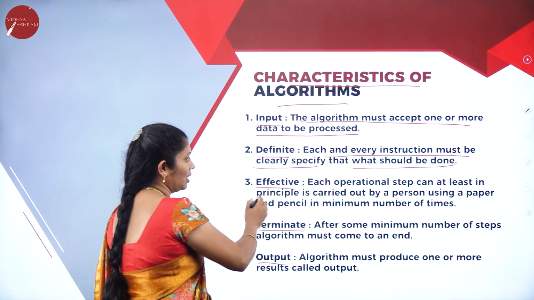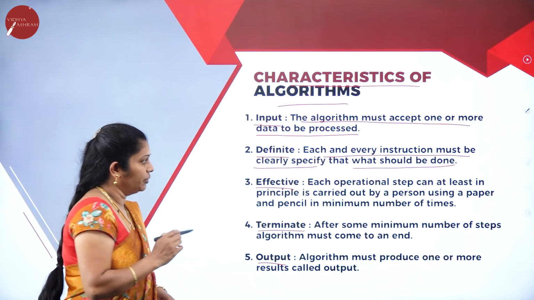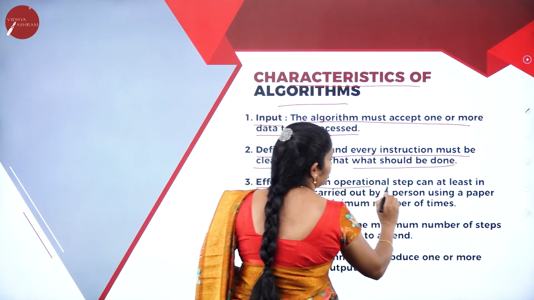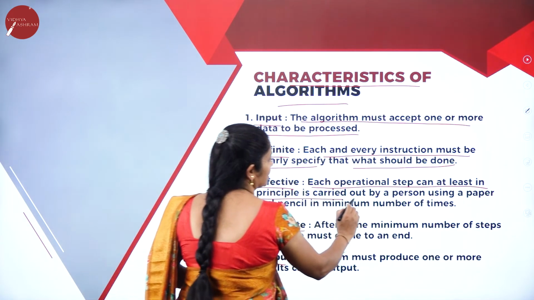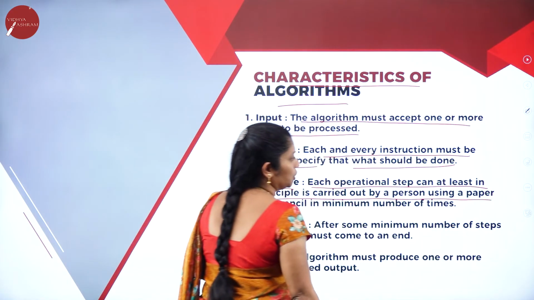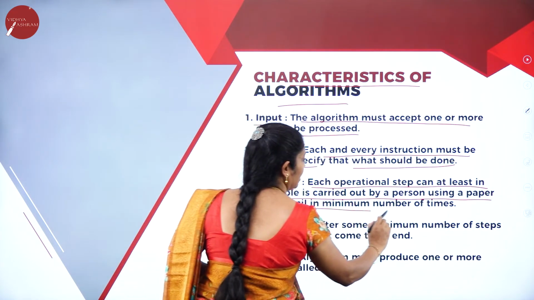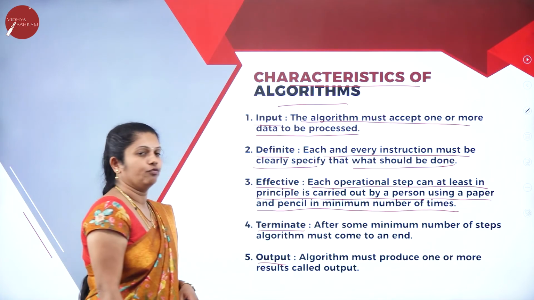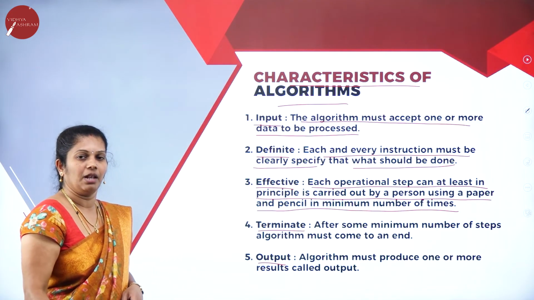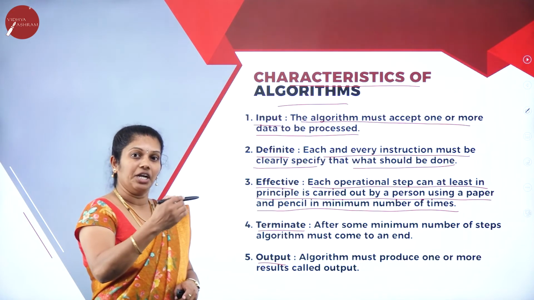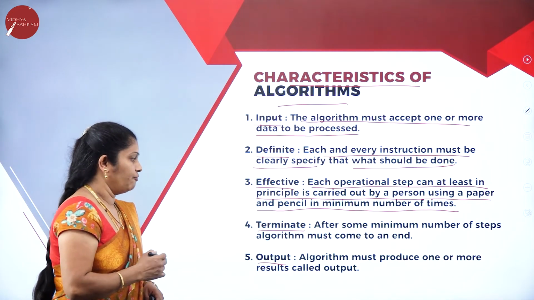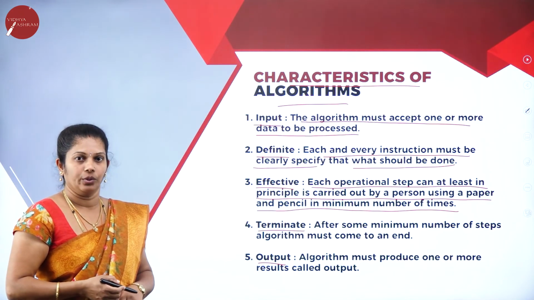Then effective: each operation step can, at least in principle, be carried out by a person using paper and pencil, in the minimum number of steps possible. We have to reduce the instructions as much as possible.